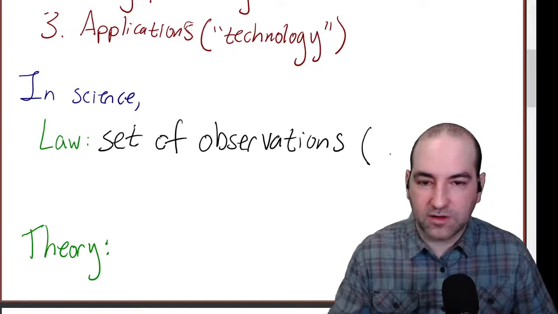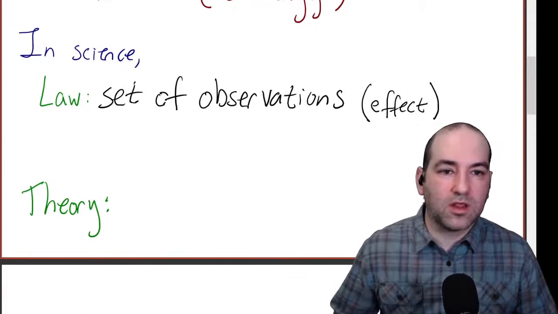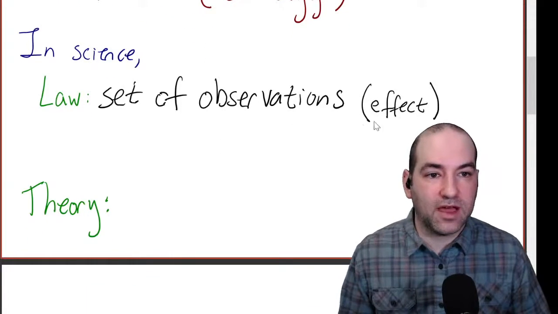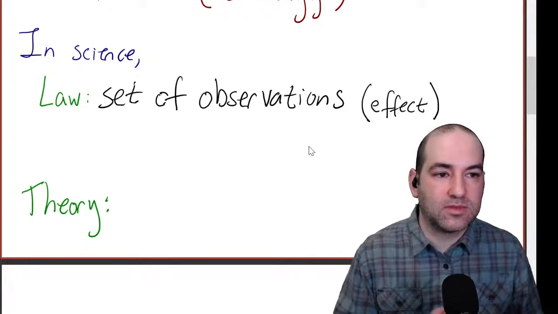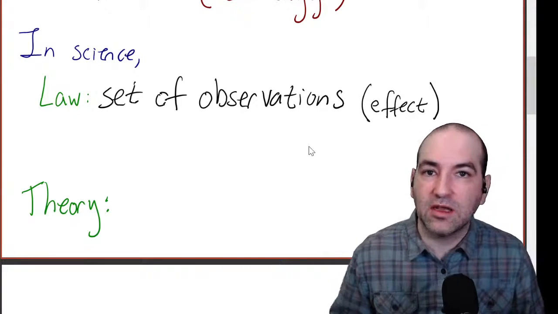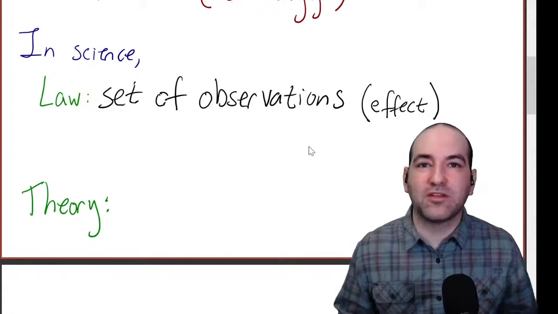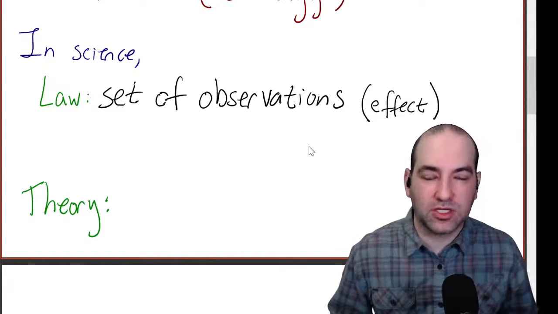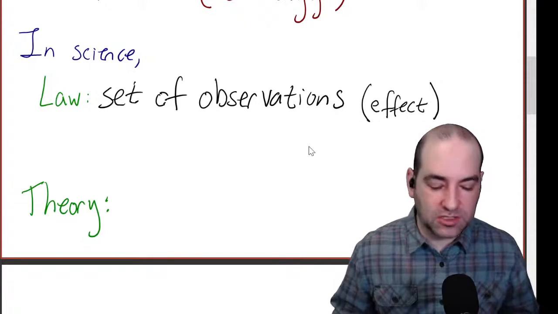If we talk about cause and effect, for a law, we're generally talking about the effect. So if this happens, then this happens. When this happens, this happens. So the law of gravity: when two masses are around each other, they attract each other by this particular ratio, the equation for gravity. So that's a set of observations.